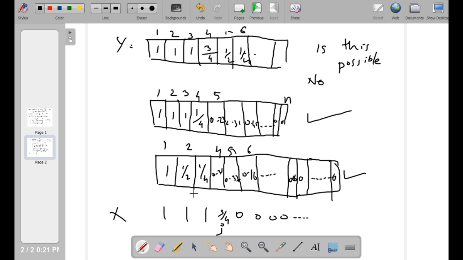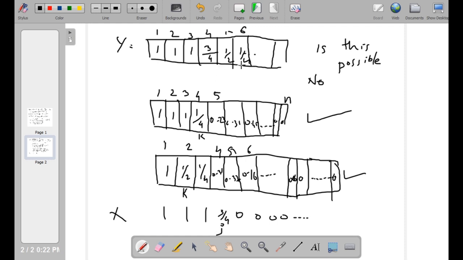Let us call that cell K. Here the first difference happened in the solution proposed by person Y. The value of our solution, that is X, differs at cell K, so the least such cell is always less than J. The difference happens at a cell with index less than J, isn't it?